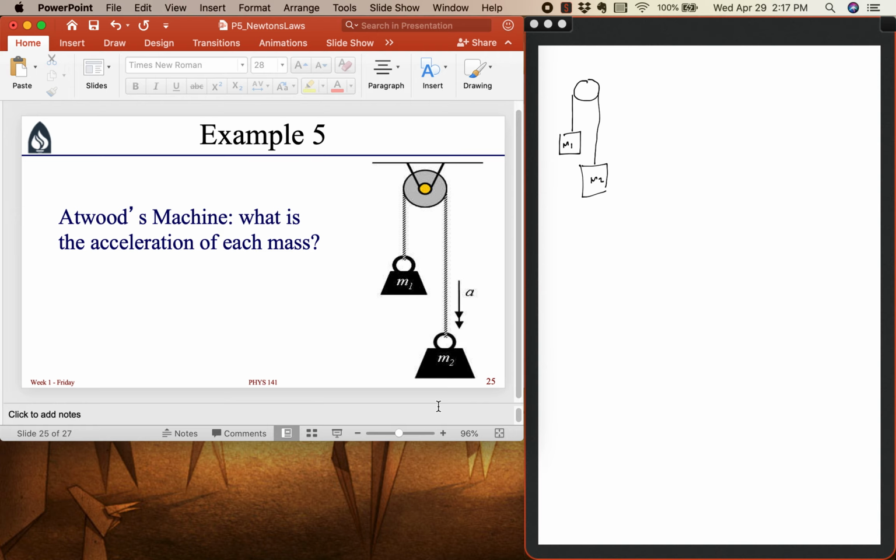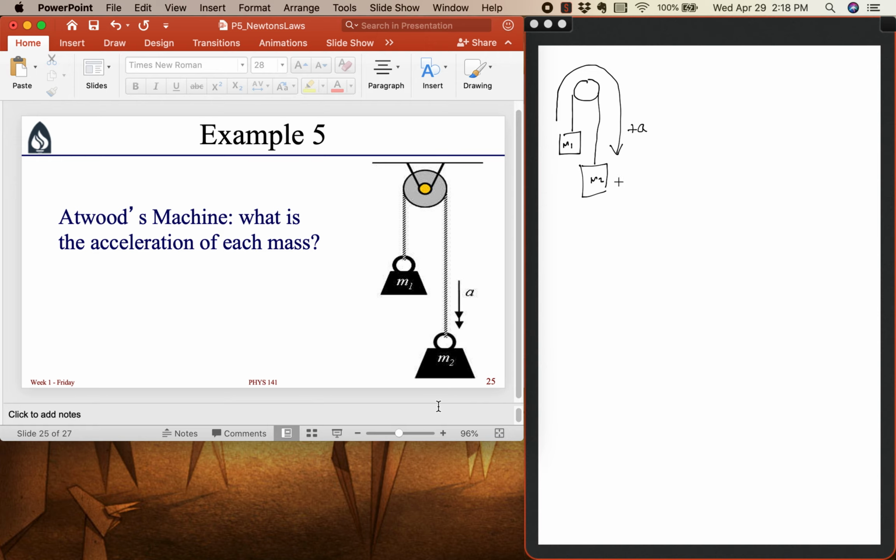So when you're setting up your coordinate system, you choose the direction of acceleration to be the positive direction. So if I do that in this case, I'm expecting M2 to accelerate downward, M1 to accelerate upward, and so I will choose this direction to be the positive direction for acceleration. So that means as M2 accelerates downward, it has positive acceleration, and as M1 accelerates upward, it has positive acceleration.